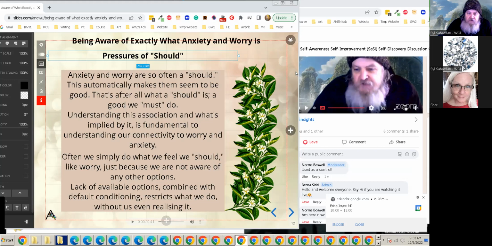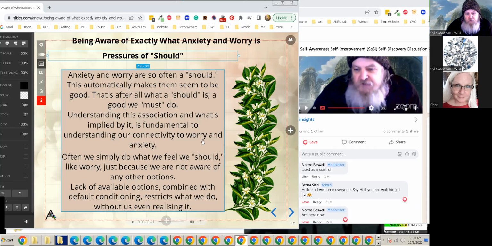So no, there's no should to it. Anxiety and worry is not a good program at all. Yet this automatically makes them seem good because of the should, because after all, should is a good we must do. Understanding this association and what's implied by it is fundamental to understanding our connectivity to worry and anxiety.